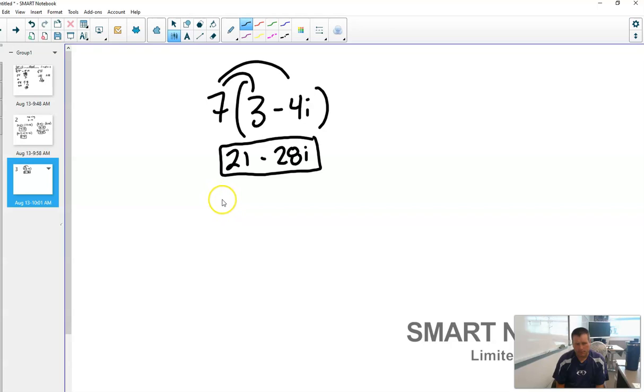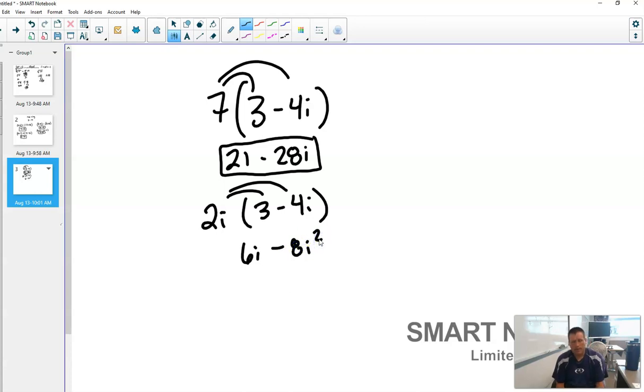Now be careful, if I have an imaginary number, so let's say I have 2i, and I'm timesing it to my complex number, I'm still going to distribute that. This is going to give me 6i, because 2 times 3 gives me 6, and then put the i. And then here, 2i times negative 4i gives me negative 8i squared. Okay? Because 2 times 4 gives me 8, i times i gives me i squared.